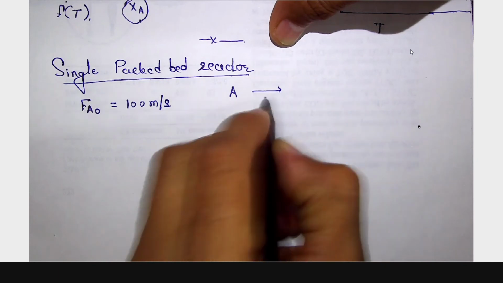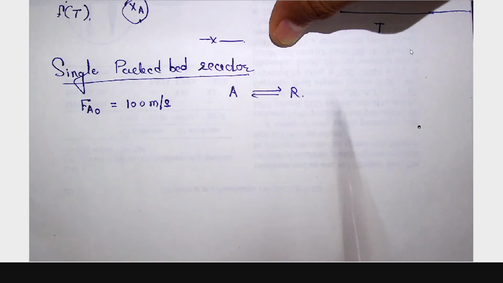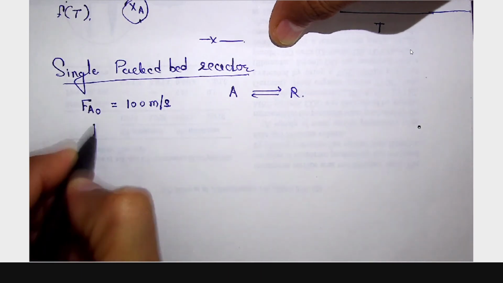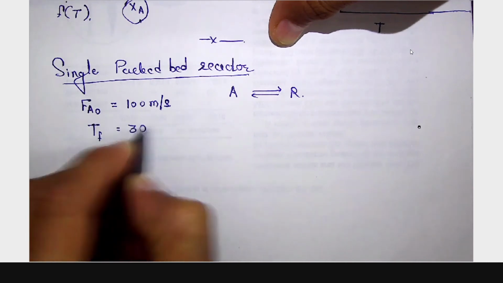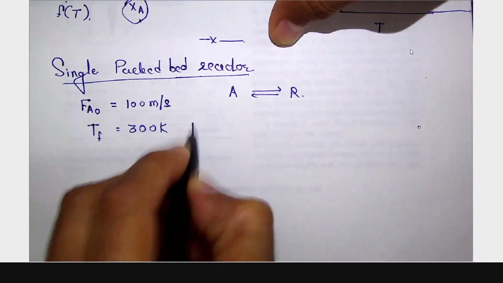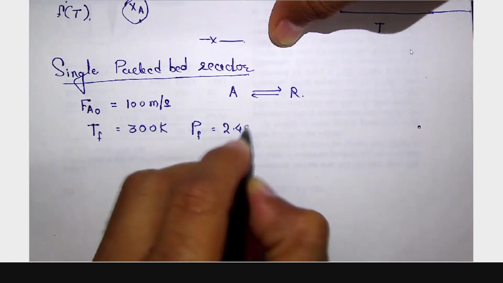Reversible reaction is first order. Feed conditions: temperature is 300 Kelvin, feed pressure is 2.49 megapascal.